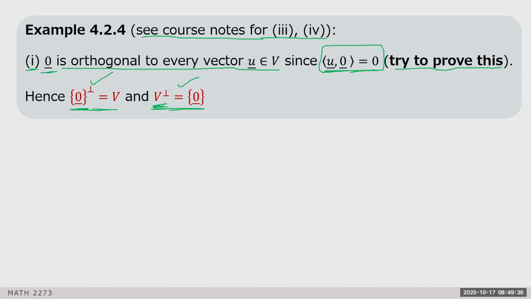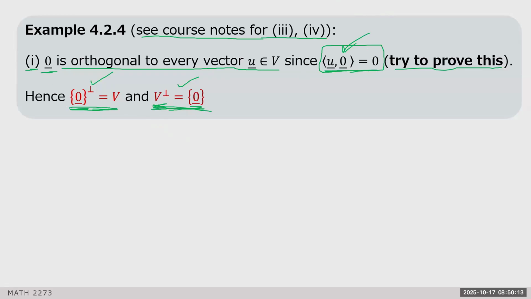Right now you might be thinking, why is the orthogonal complement of {0} equal to V, and the orthogonal complement of V equal to {0}? This is something you need to sit and think about. What is this orthogonal complement? And use this fact. In fact, in most textbooks, when they prove these two results, they say it follows from the definition of the orthogonal complement and the result that 0 is perpendicular to everything.